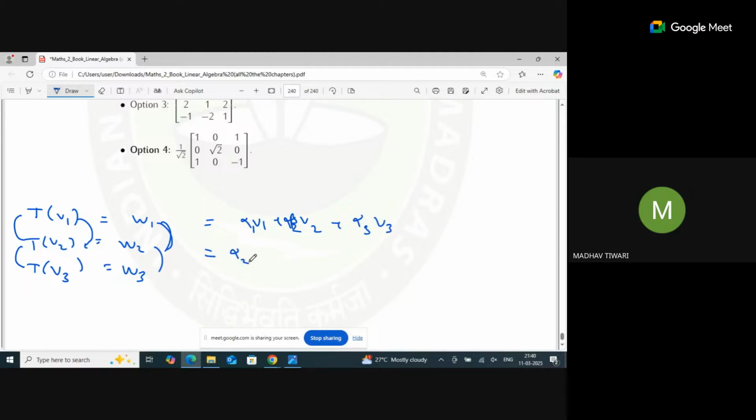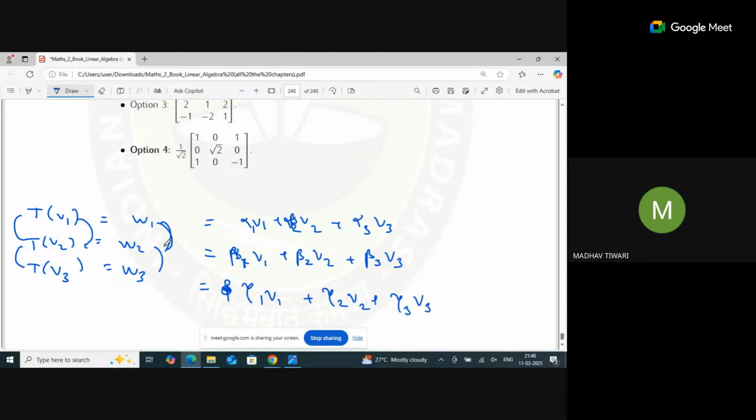Here I will represent beta 1 V1 plus beta 2 V2 plus beta 3 V3. And here gamma 1 V1, gamma 2 V2, and gamma 3 V3.